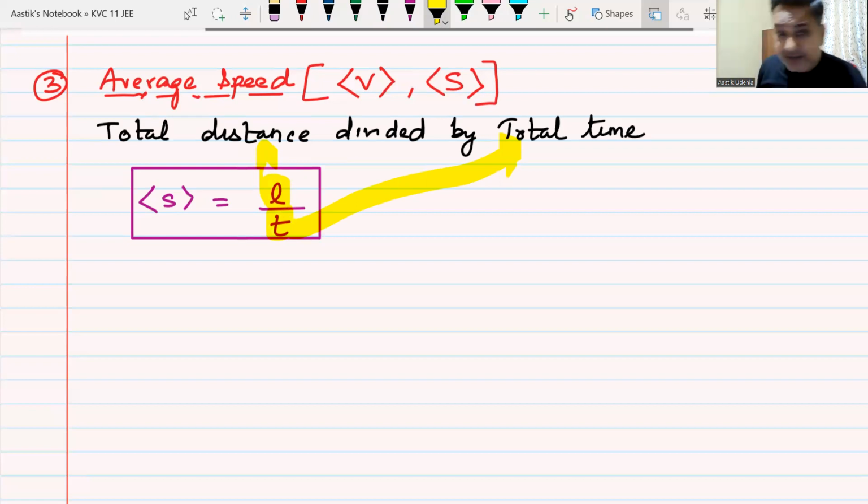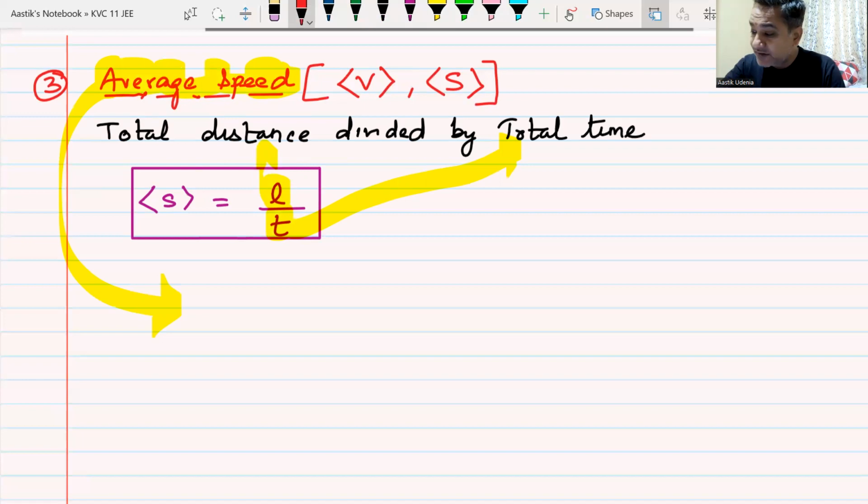And remember one important aspect about this average speed, my dear friends. This average speed is always calculated on an interval of time. So let me just write it this way.